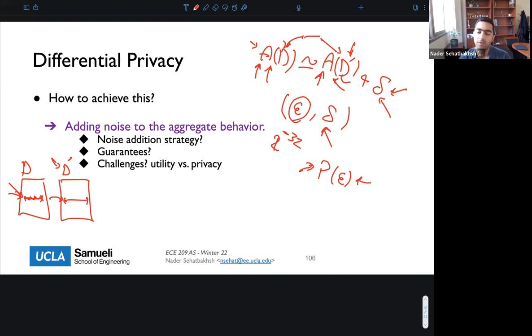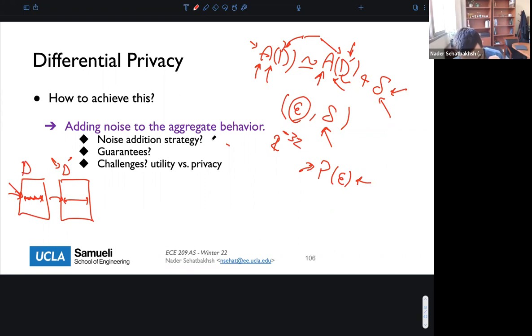So we get the best of both worlds in some sense: almost similar accuracy in terms of the aggregation behavior, but a very, very small chance of actually recovering individual records in the data set. So that would be the ideal scenario we are looking at.